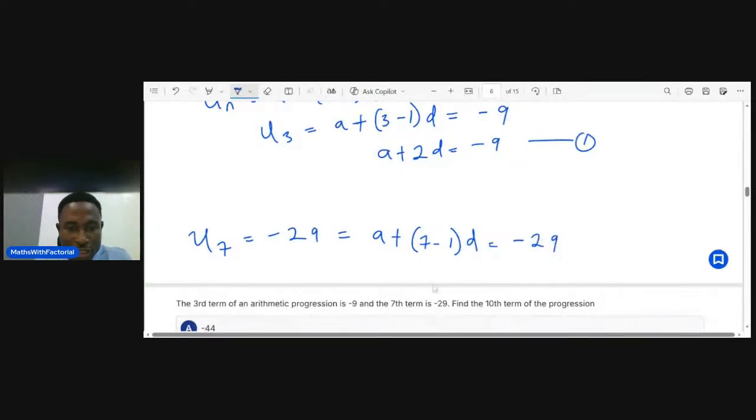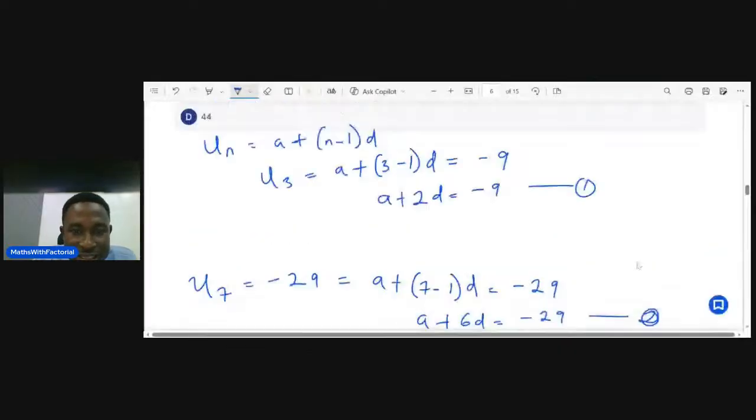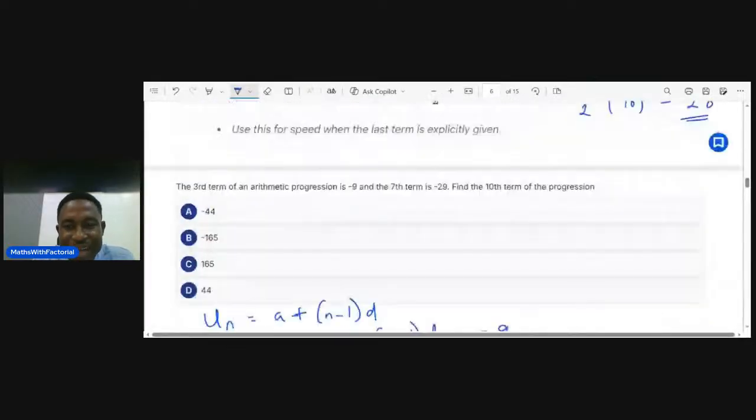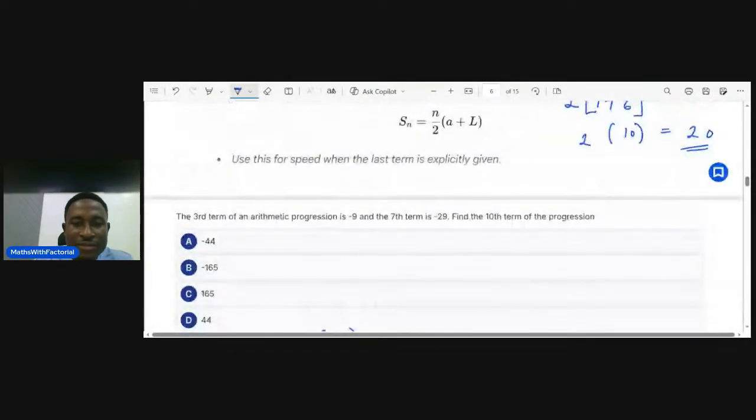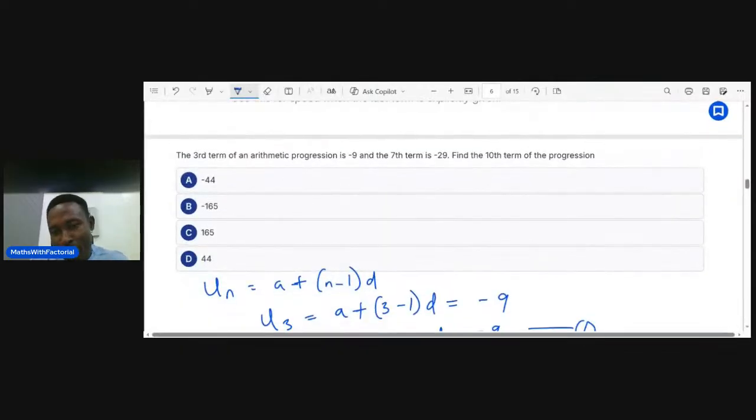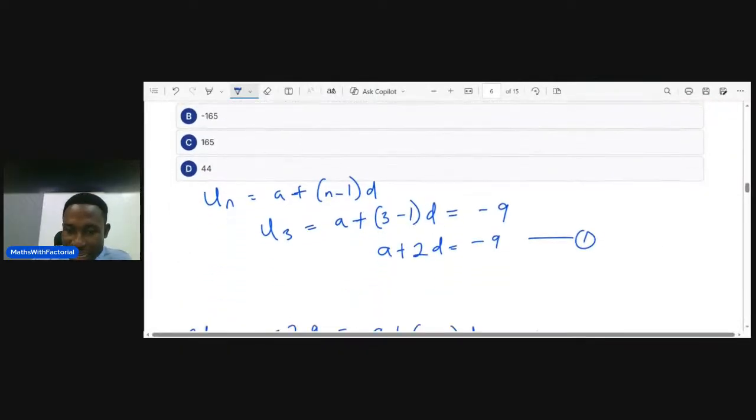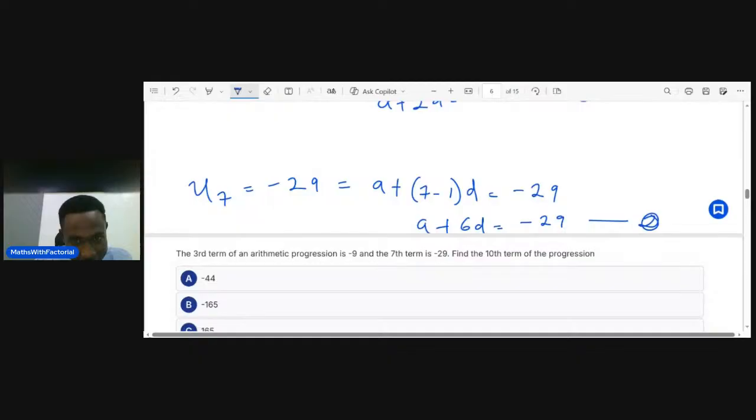So this will now give us A plus 7 minus 1, 6D, equals minus 29. Call this equation 2. Now, the question says find the 10th term of the progression. Well, that is, find U10.